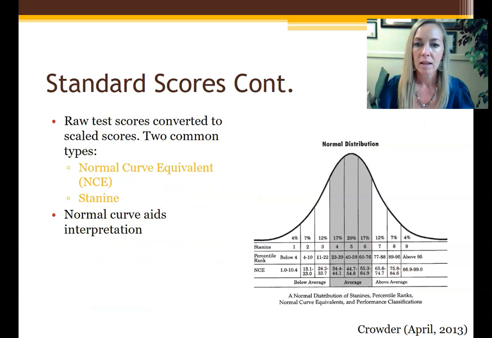So we can look at the common types of standard scores and how they look under the normal distribution. And I would say generally we're looking at average, above average, or below average for students in the normal distribution.